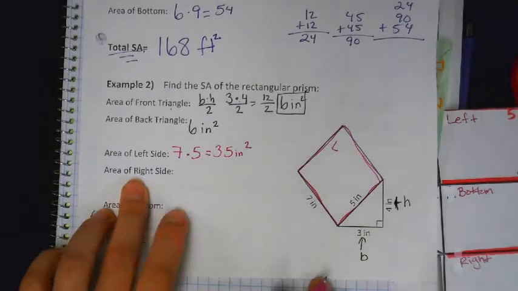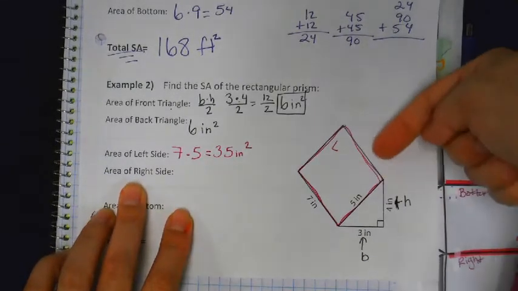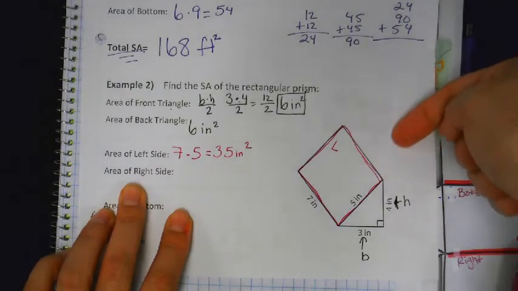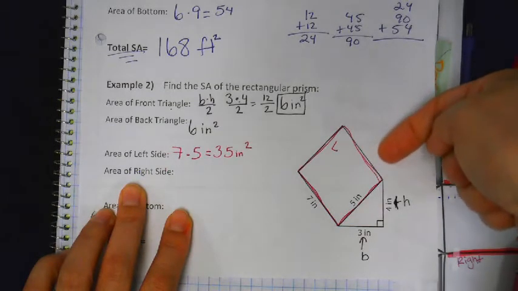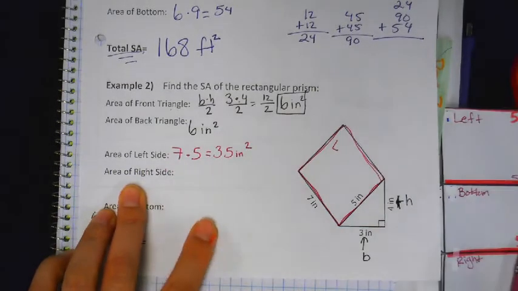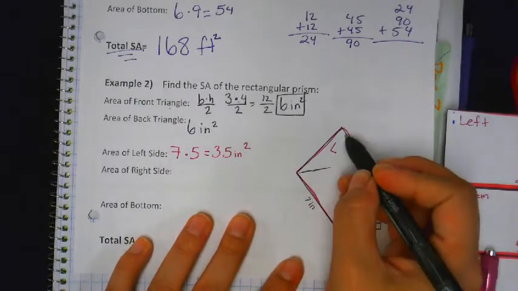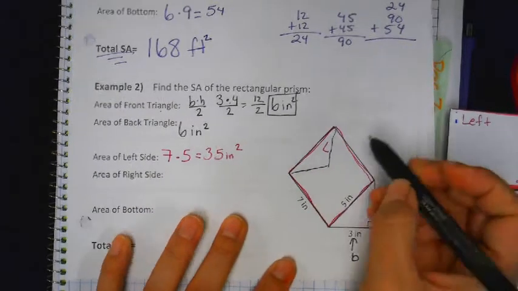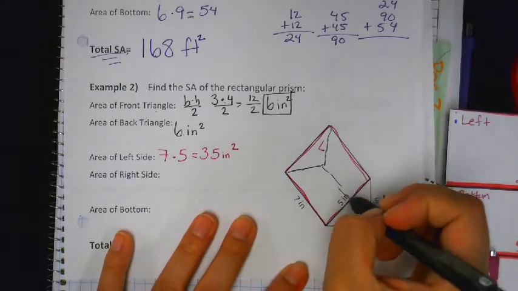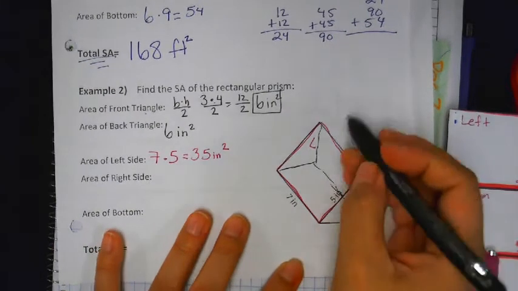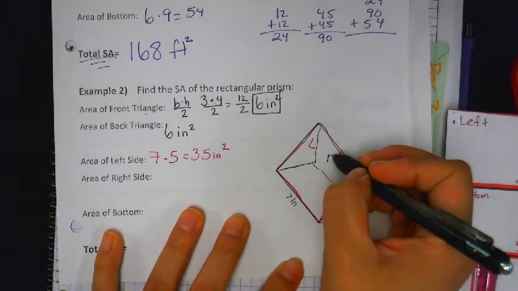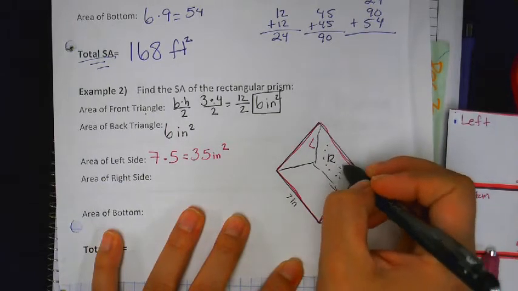Okay, the right side. That's this side in the back. Do you see it? No. It's in the back. It's back here. Right? I could draw in this and make it 3D. So the right side is over here.